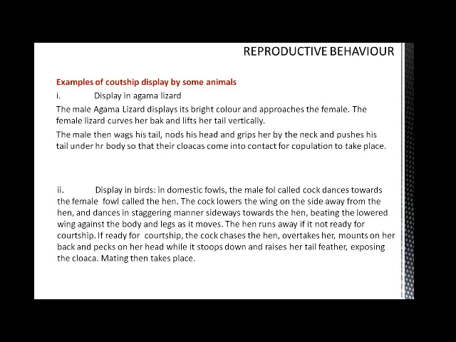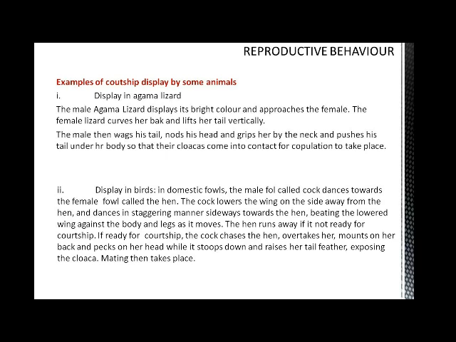The bright color of the agama lizard is one of the advantages the agama lizard uses to make sure that the female comes to itself so that mating is achieved at the end of the day. If you observe close to where you are, you might have seen, or you are going to see, how these lizards demonstrate what we have just learned.